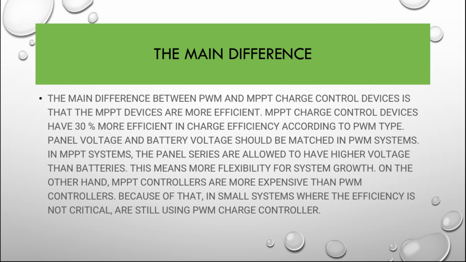In MPPT systems, the panel series are allowed to have higher voltage than batteries. This means more flexibility for system growth. On the other hand, MPPT controllers are more expensive than PWM controllers. Because of that, small systems where efficiency is not critical still use PWM charge controllers.